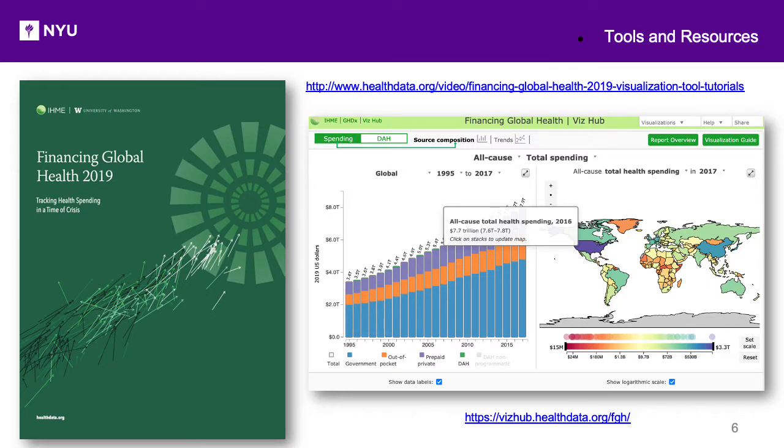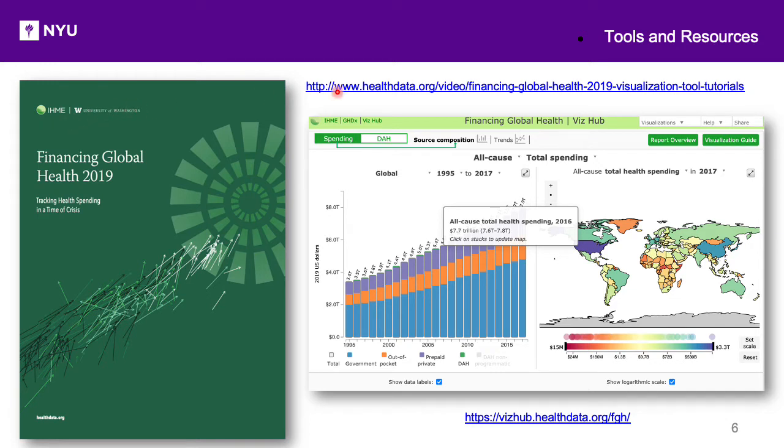The data that I showed you can be accessed from the 2019 Financing of Global Health, published from the Institute for Health Metrics and Evaluation, which is based at the University of Washington, which is actually supported by the Bill and Melinda Gates Foundation.